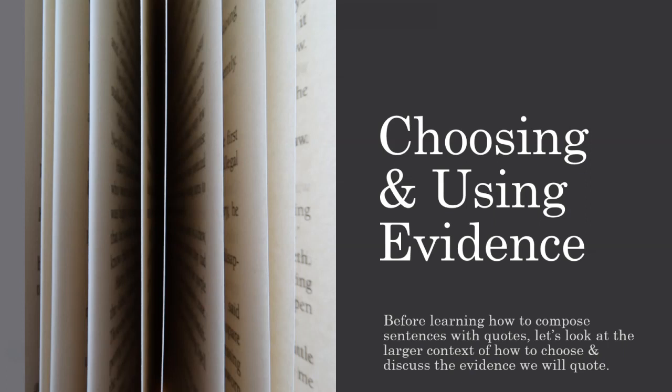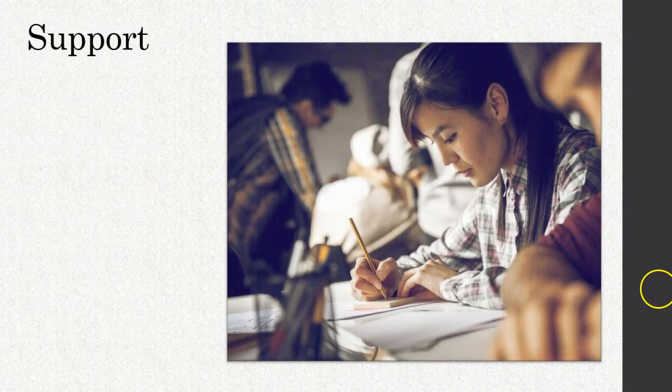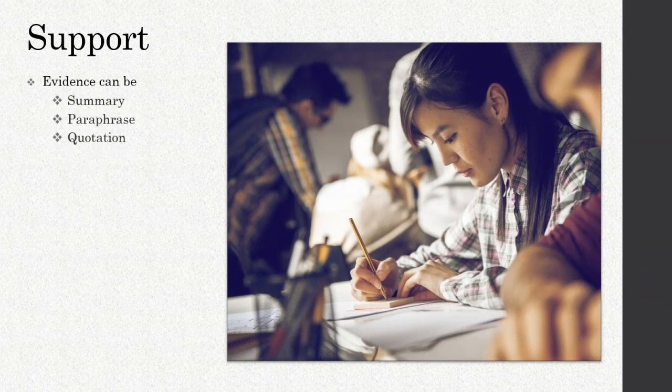Before we look at the sentence level, let's look at the larger context of how we will choose evidence and how we will discuss the evidence inside of our paragraphs. So firstly, evidence needs to be supportive. Supportive evidence can be multiple different types.